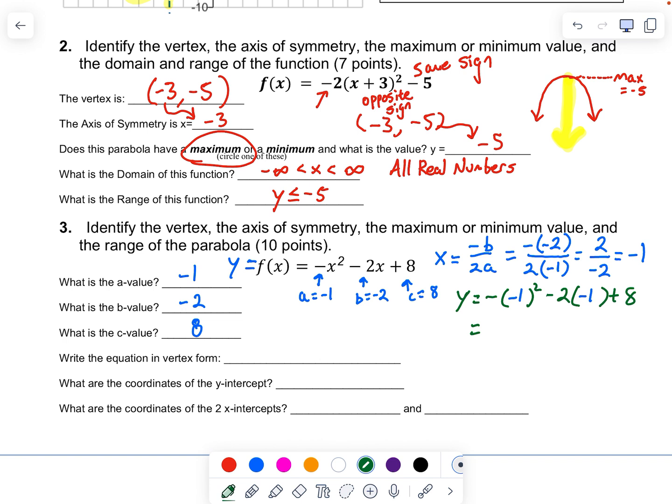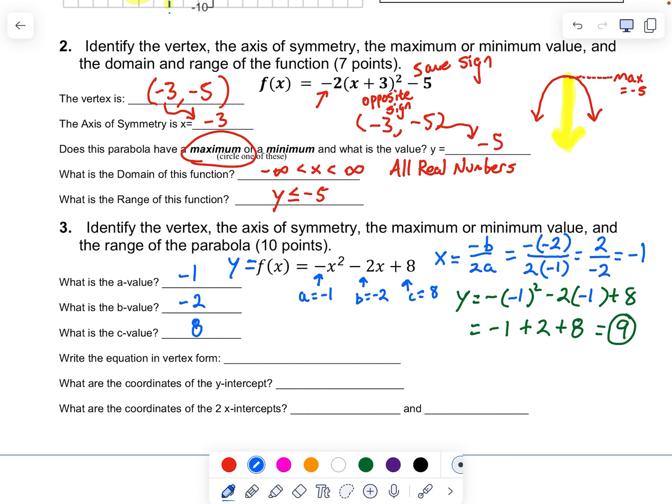So -1 times -1 is 1, plus I still have that negative out front, so there is -1 minus 2 times -1, so that makes a plus 2 plus 8, which is going to give me positive 9. So my y is equal to 9.